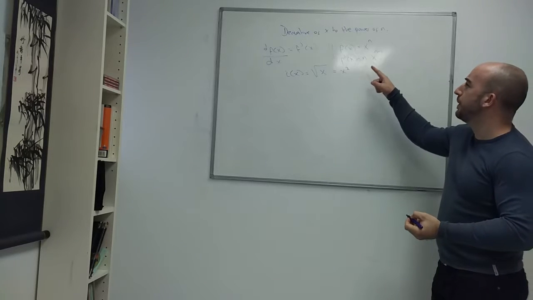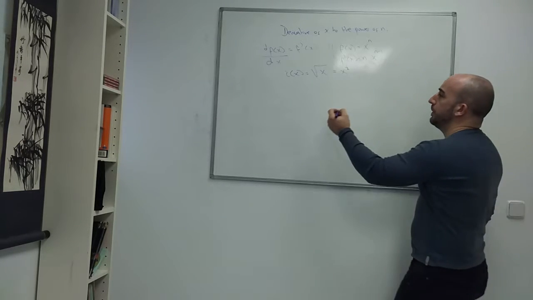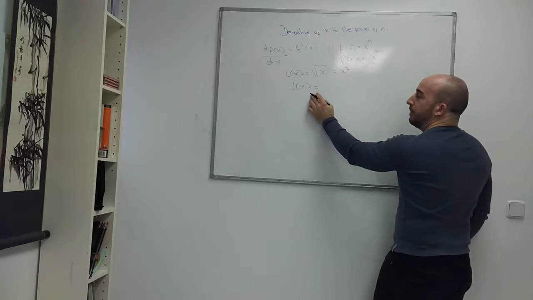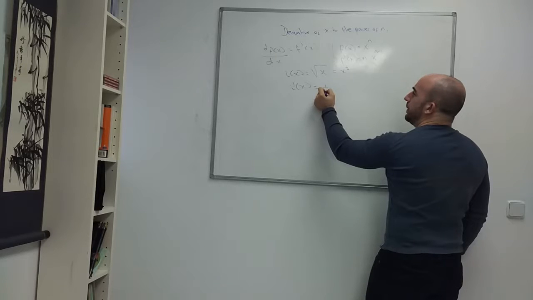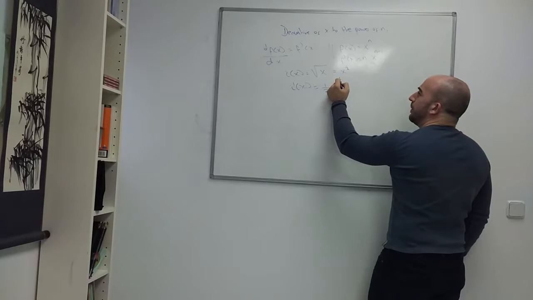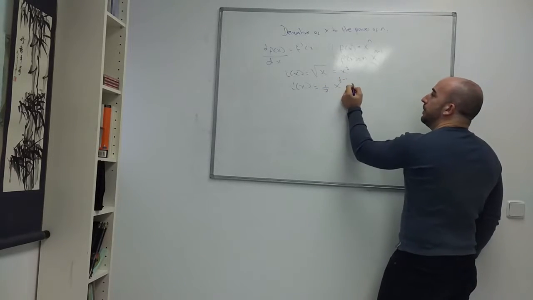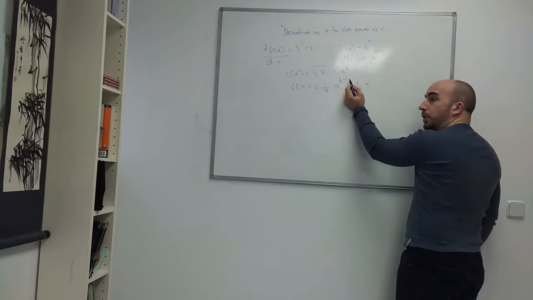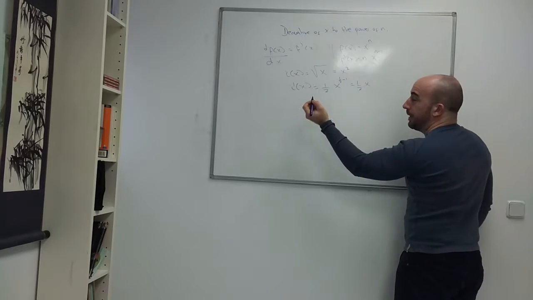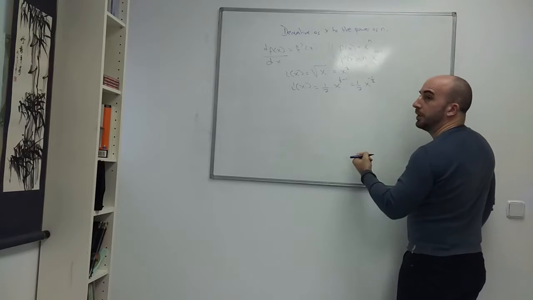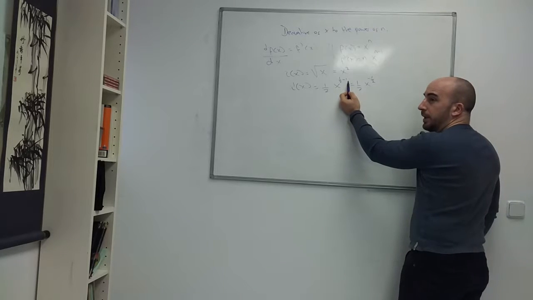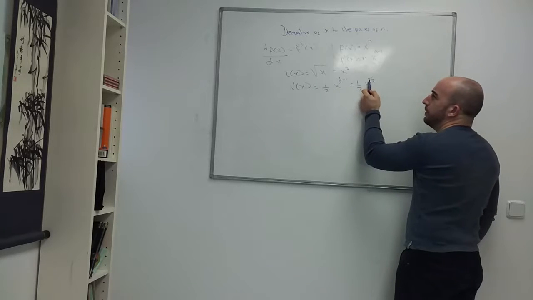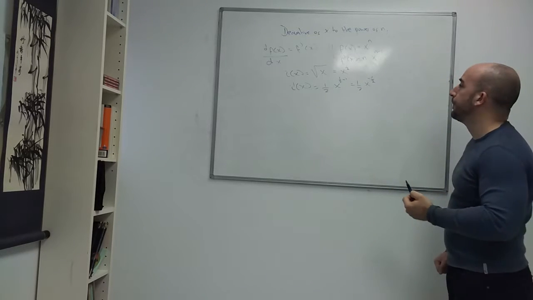So that's x to the power of 1/2. And then you do the same formula. F prime of x would be 1/2 times x to the power of 1/2 minus 1, which is 1/2 times x to the power of minus 1/2, because if you have different signs in the numbers, you subtract and then you end up with the sign of the bigger one.